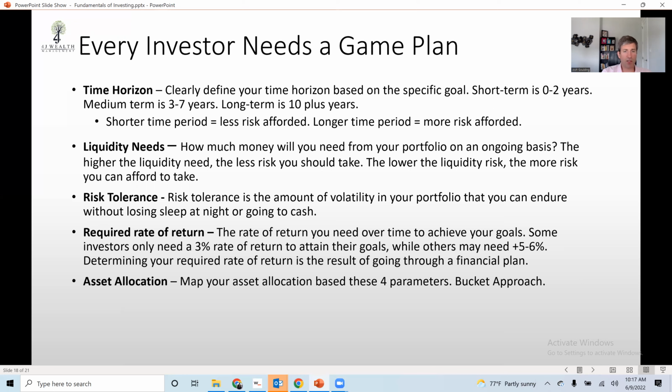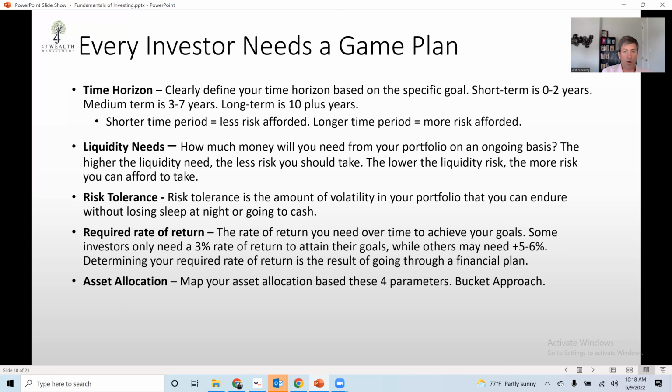And I would try as much as possible to spend time really thinking through, what is my risk tolerance? How comfortable would I be if my portfolio was down 10, 20, 30% over the next 1 to 2 years? And if the answer is I wouldn't be comfortable at all, then you probably need to reduce your equity exposure.